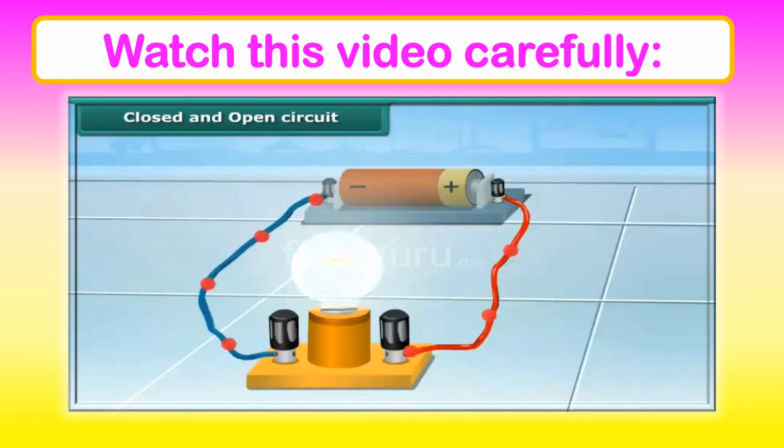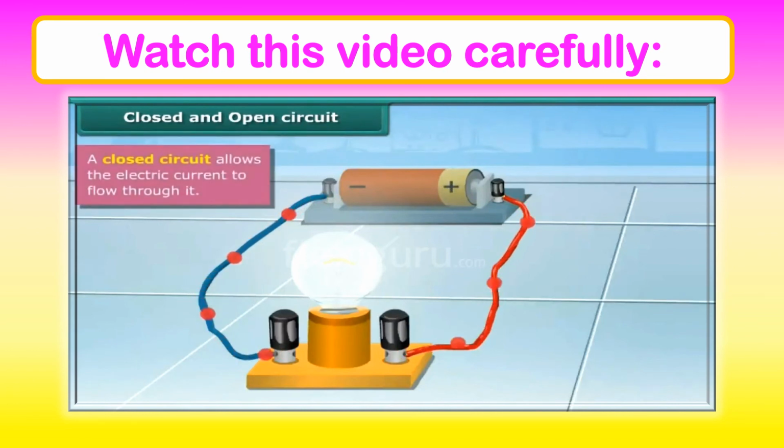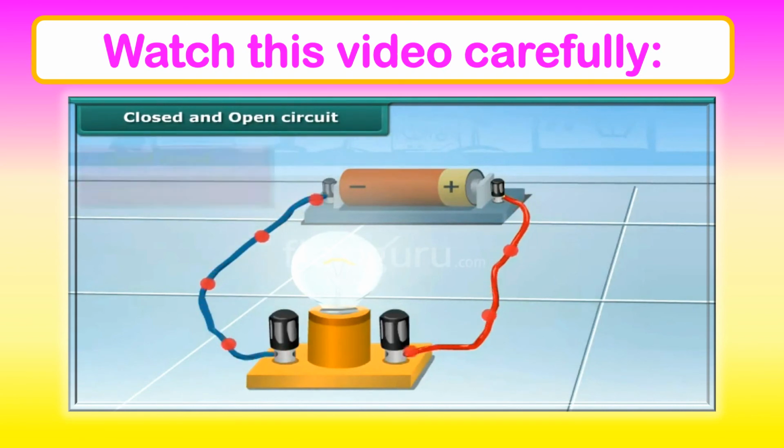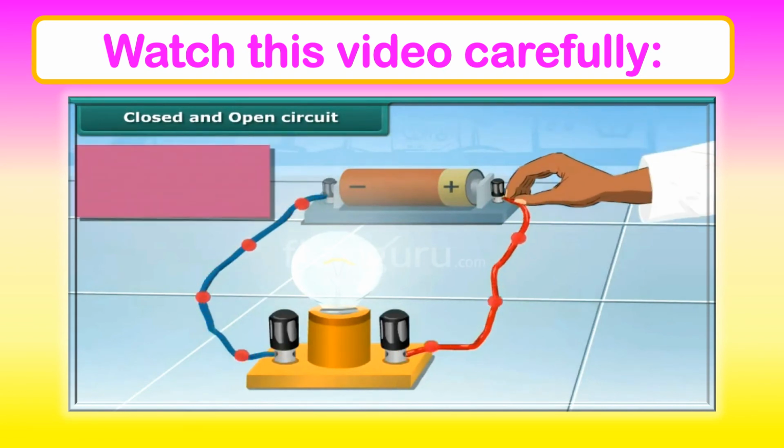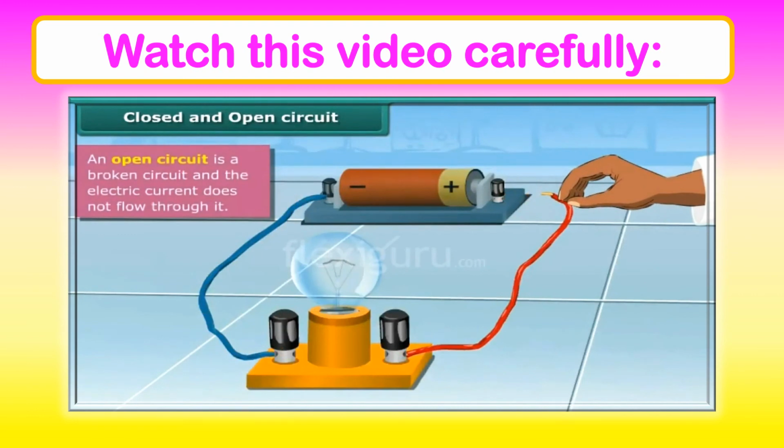To have a better understanding of what is a closed and open circuit, watch this video carefully. Closed and open circuit. If you see both the wires are connected to both the terminals, it is an unbroken path. It is a closed circuit. Disconnect one of the wires. You will find that the path is broken now.